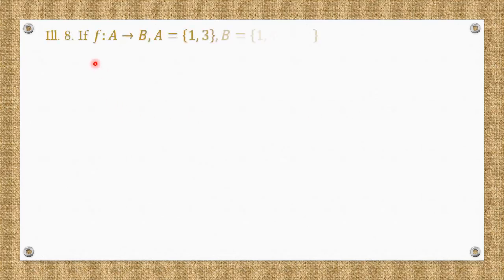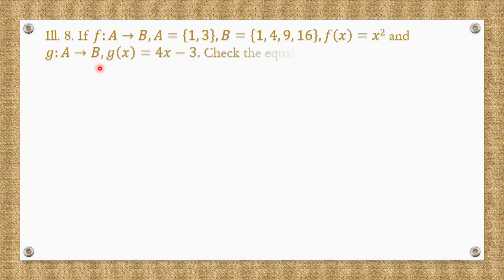Illustration 8. If f is a function from set A to set B, and A is {1, 3}, B is {1, 4, 9, 16}, f(x) is x square, and g is a function from set A to B, g(x) is 4x minus 3, we have to check the equality of functions.